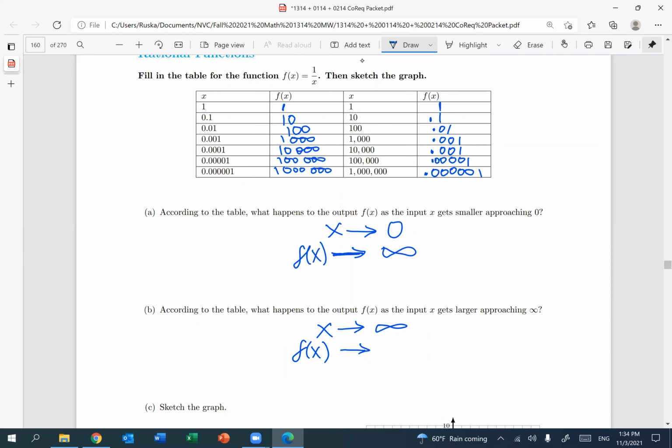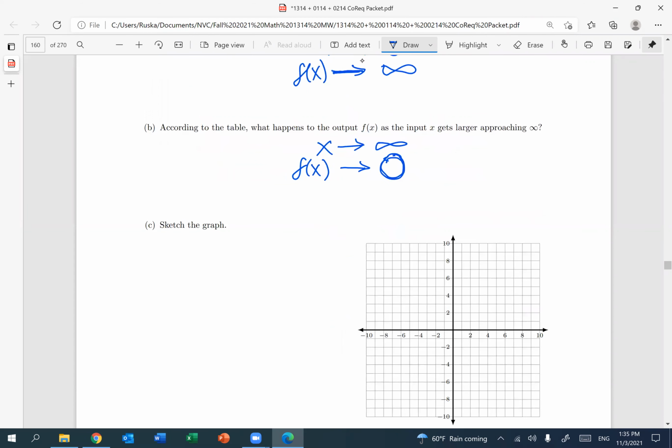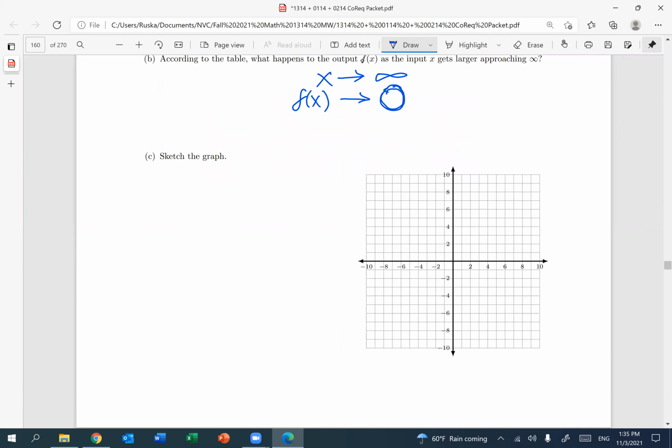Now, what happens with the numbers? When x goes to infinity, to bigger numbers, what happens with these numbers? They're going close to 0, right? They're getting smaller and smaller. So that's going to happen with the graph also. So let me show you how the graph looks like. So the graph is going to look something like this. 1 over x.